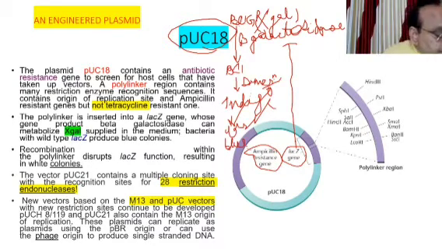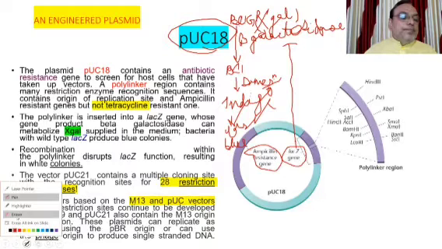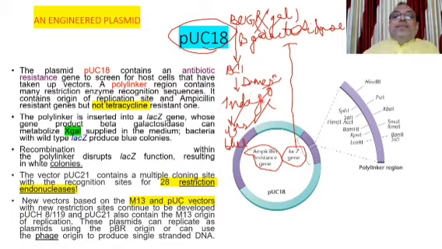Okay, so we have this bromochloroindoxyl galactoside, and this is being broken down by beta galactosidase into 5-bromo-4-chloroindoxyl, and dimerization will lead to dibromo-dichloroindigo, that is indigo will be produced, and this indigo will give rise to the blue color.